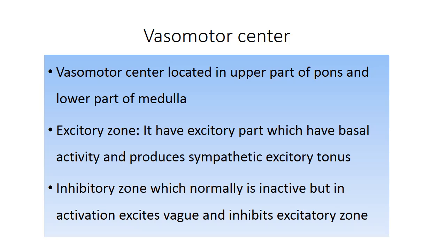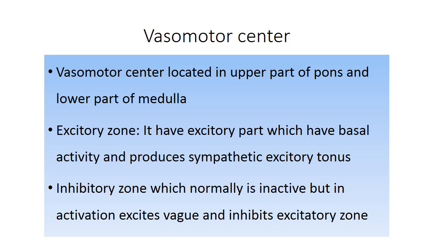The vasomotor center is located in the upper part of the pons and the lower part of the medulla. There is an excitatory zone, and by activating the excitatory zone, the sympathetic system can be activated. There is also an inhibitory zone, and by activating the inhibitory zone, the excitatory zone is inhibited, as is some activation from the vagus system.